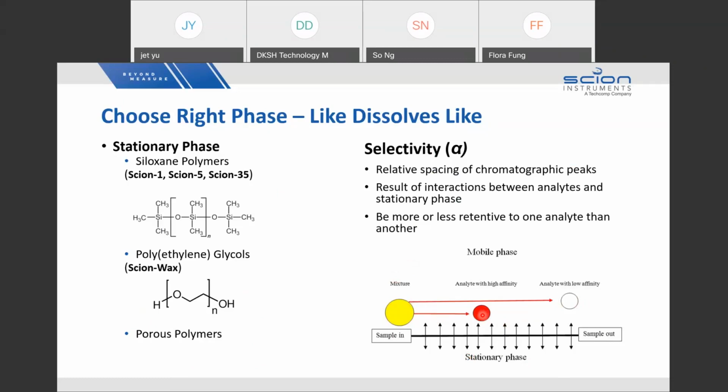Obviously the red dot has stronger interaction, because this direction is where the sample elutes out. The white circles have less interaction with the stationary phase. It's like when you are running and somebody pulls you back; see how strong the force of the pulling back is. Obviously the white compound will elute out first, and the red one has a higher affinity to the stationary phase. This is the general way the separation happens inside the column.